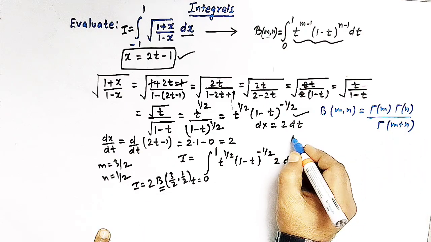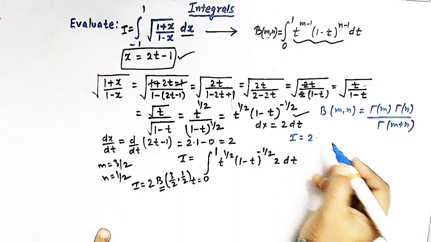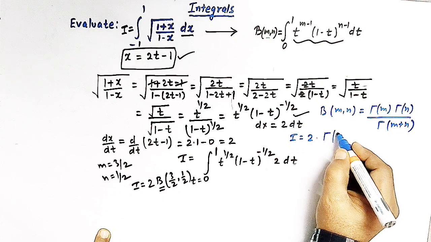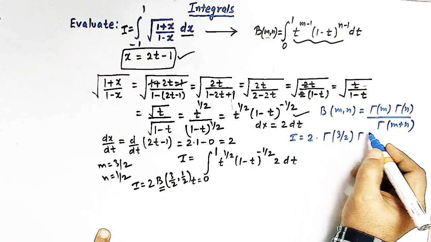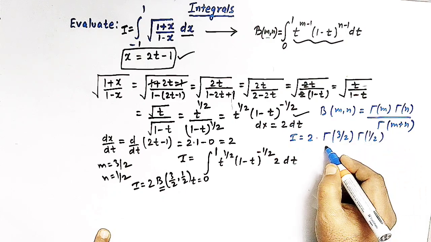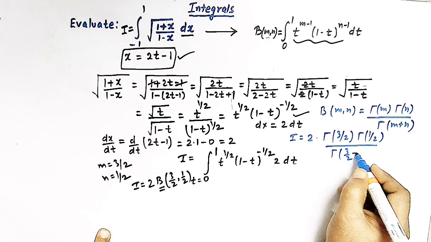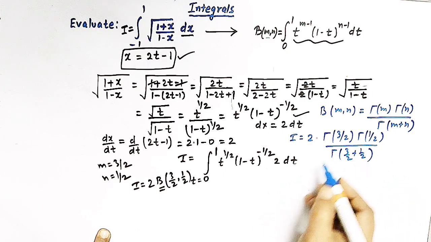So we can now write I is equal to 2 times. Here we have m is equal to 3 by 2, n is half. So we have gamma 3 by 2, then we have gamma half, and here we have gamma 3 by 2 plus half, right?